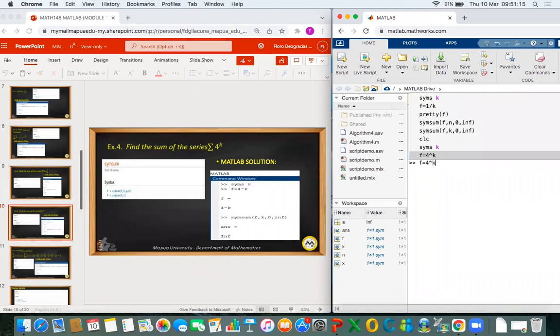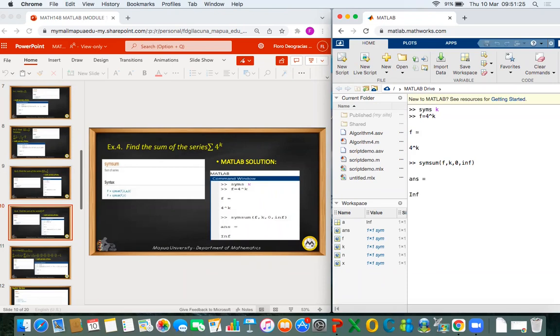Then you now have to take the sum. Take note that the lower limit is 0, and the variable also is k. So the answer is infinity. Okay, class. So with that, this series has no sum.